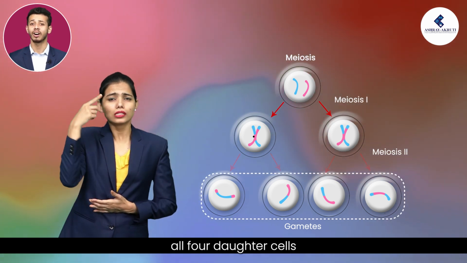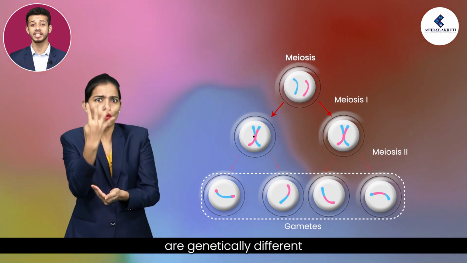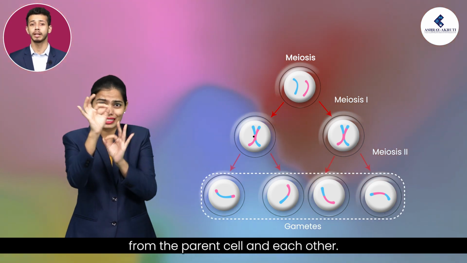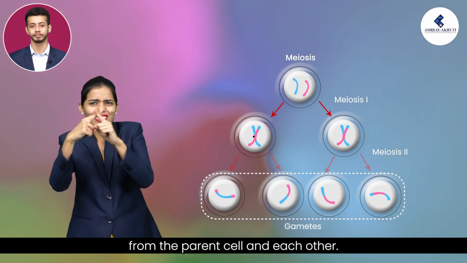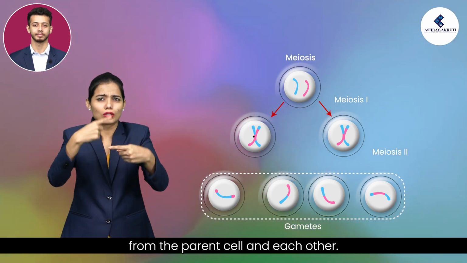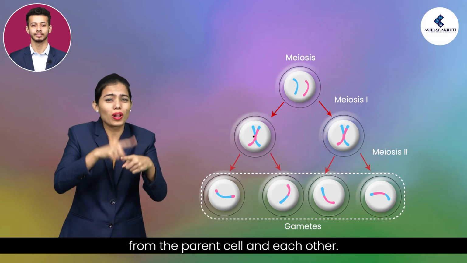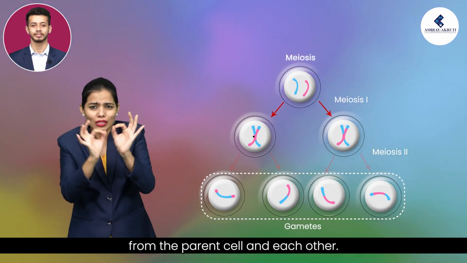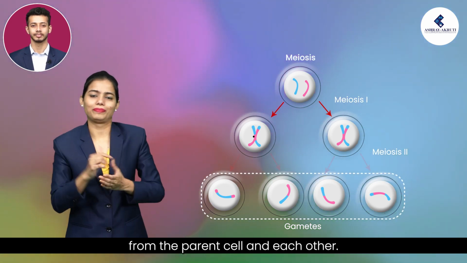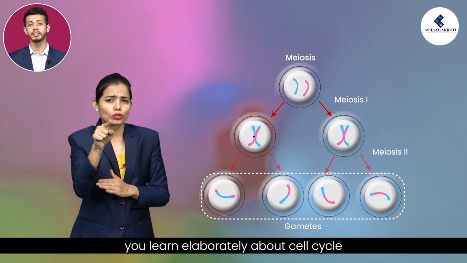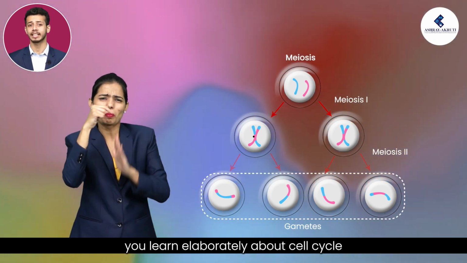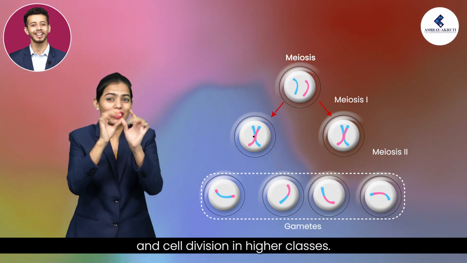Due to this, all 4 daughter cells are genetically different from the parent cell and each other. Further, you will learn elaborately about the cell cycle and cell division in higher classes.